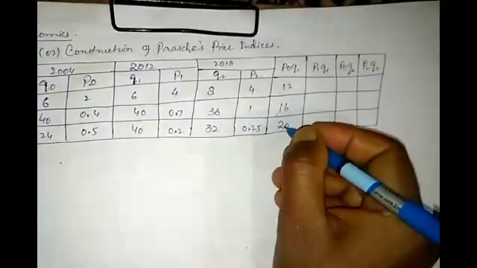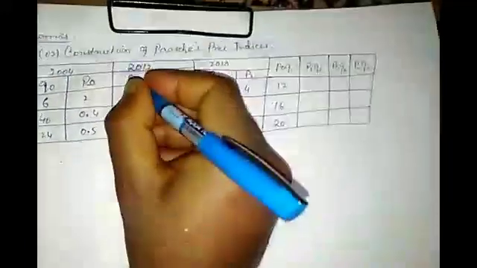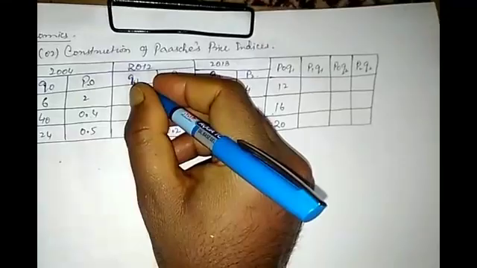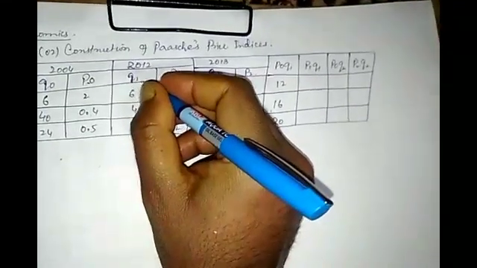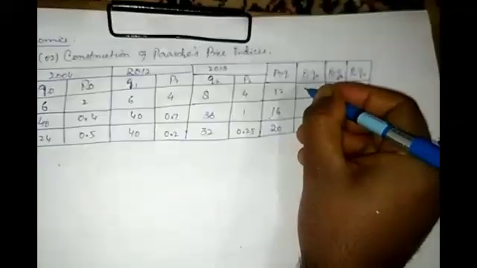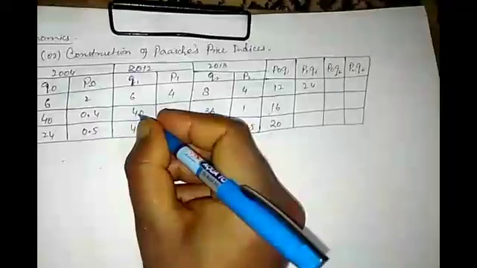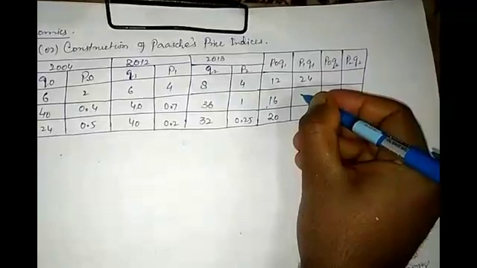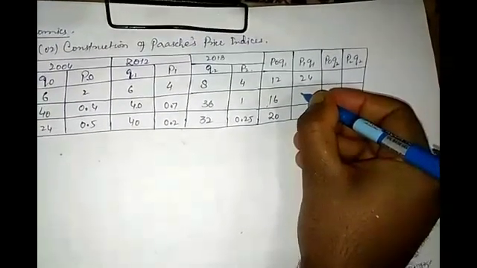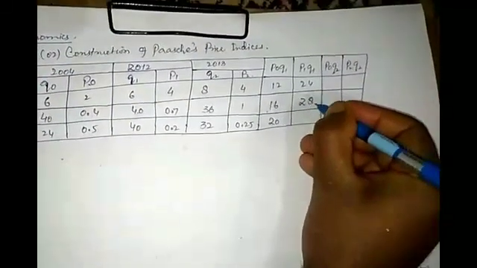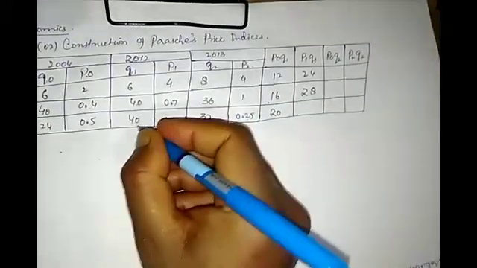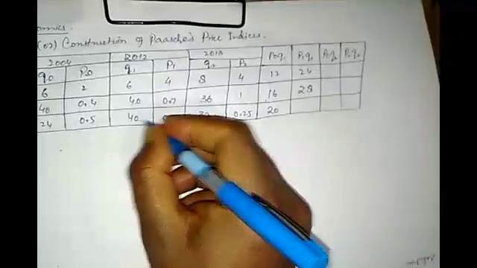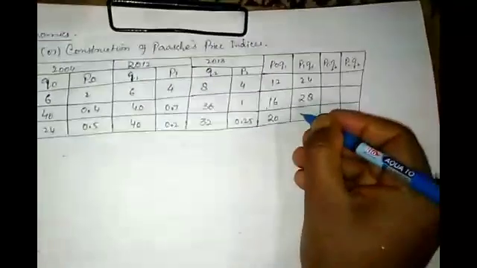Then we move forward to P1Q1. 6 4s are 24. 40 into 0.7 is equal to 28. Then we move forward for Q1P1. 40 into 0.2 is equal to 20.